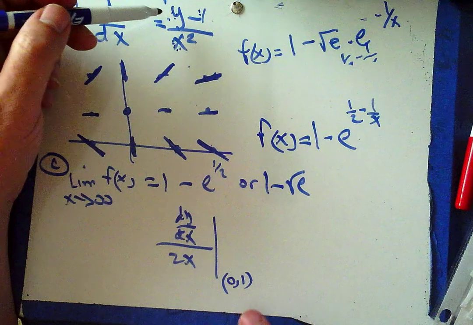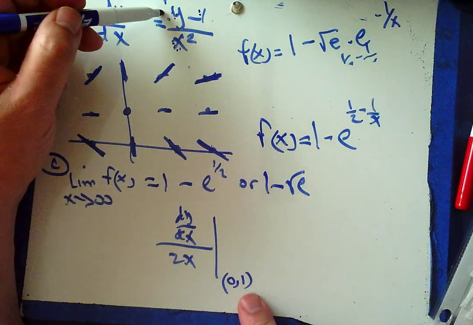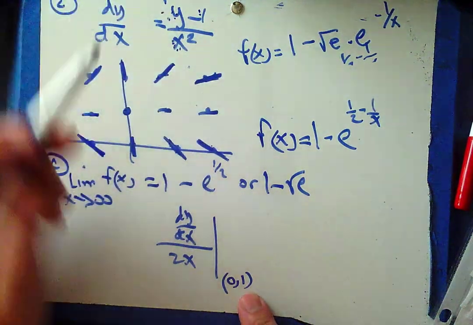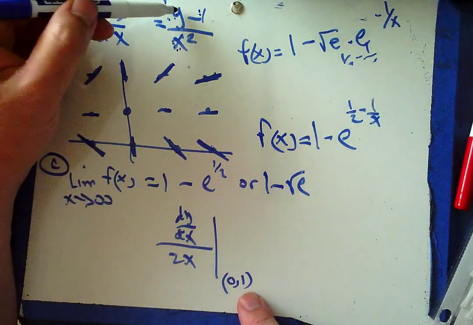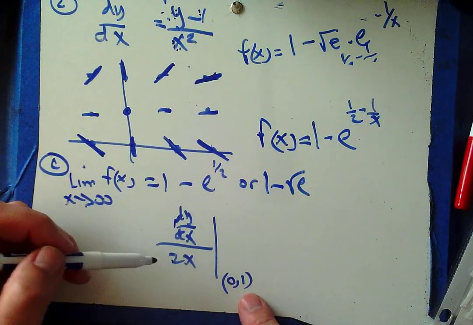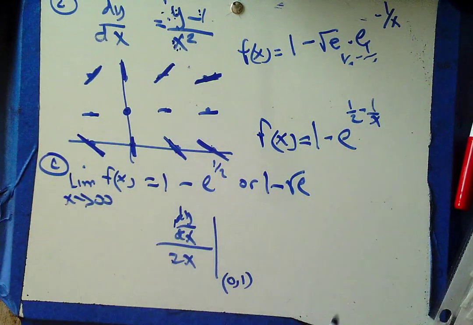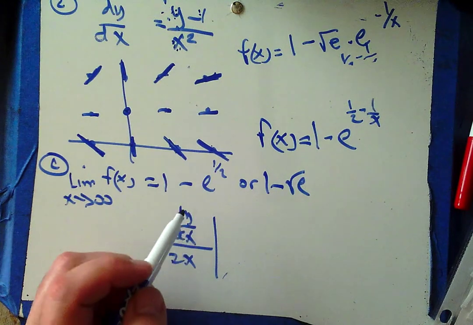So here's dy dx, and if I put in x equals 0, y equals 1, yes, I still get infinity over infinity. So I'm not going to be able to evaluate this.